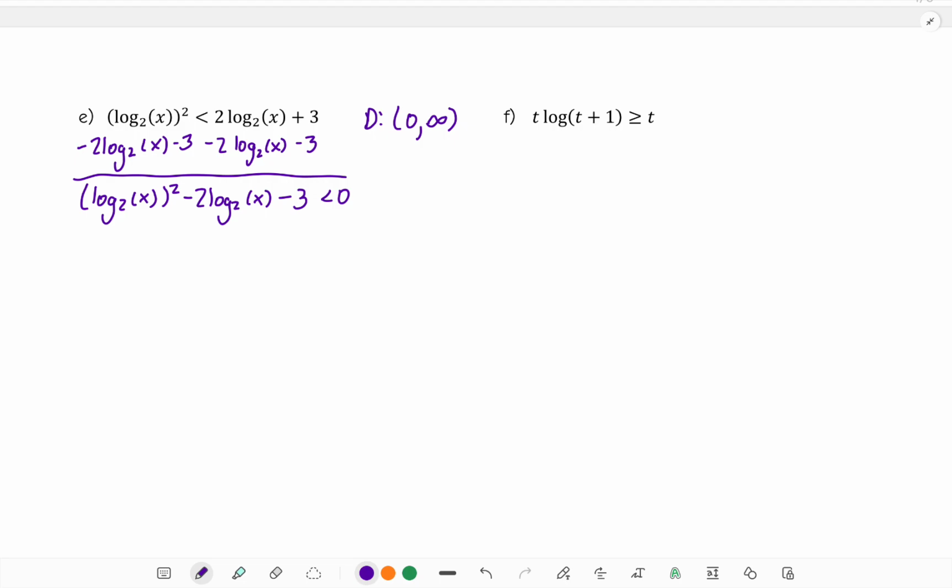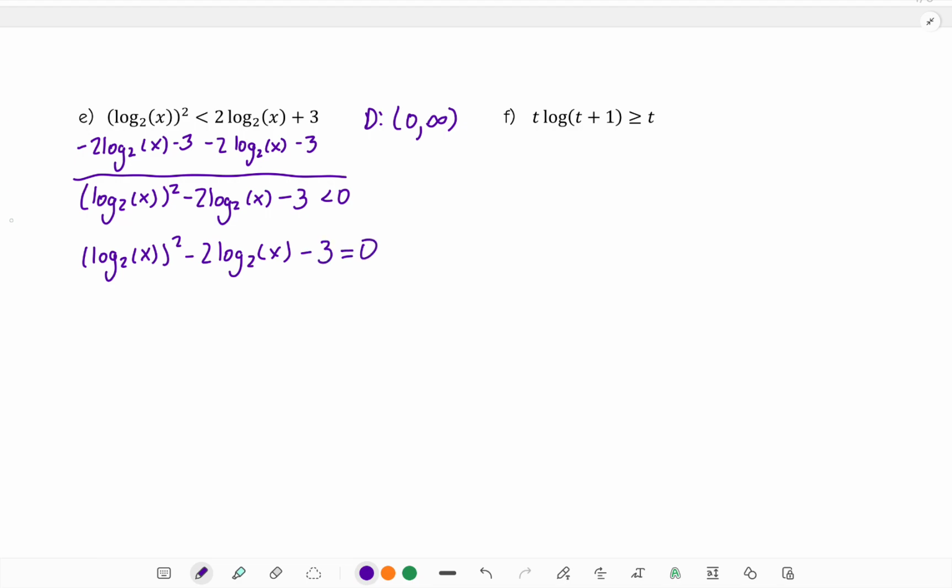Now we could do u substitution, but that only works well for equations. But that's what we're going to end up doing. We have log base 2 of x squared minus 2 log base 2 of x minus 3 is equal to 0 now.